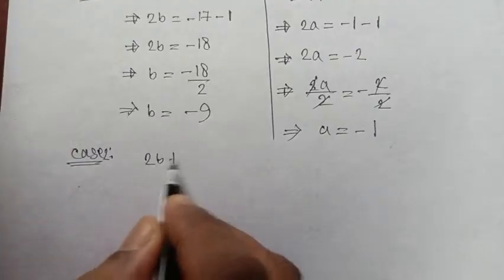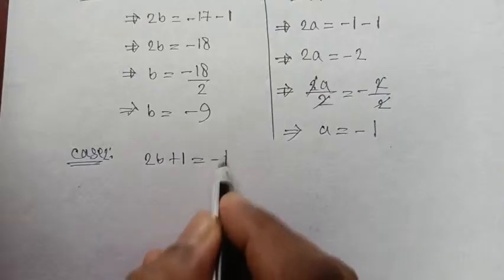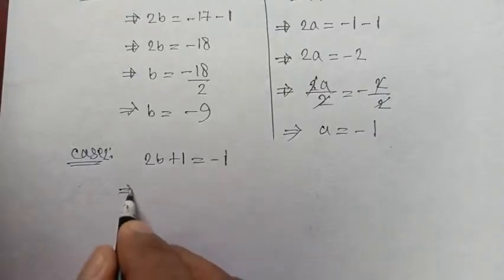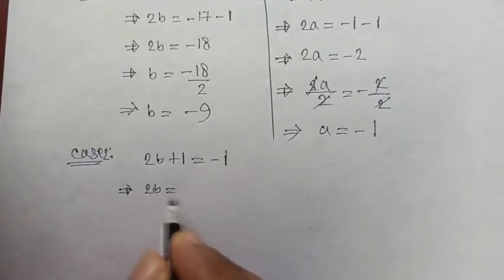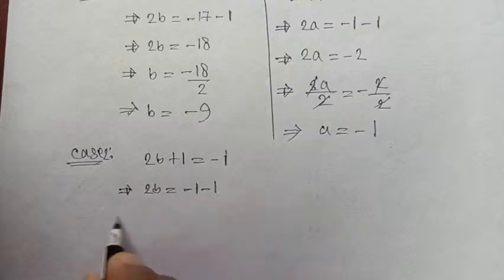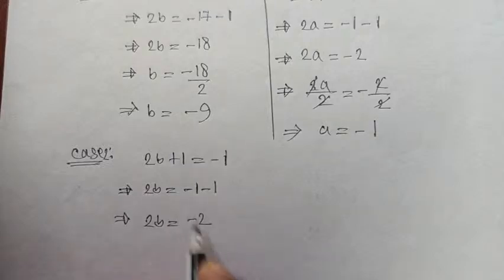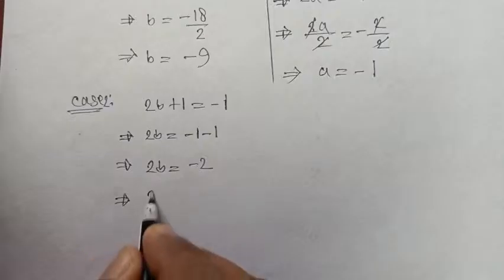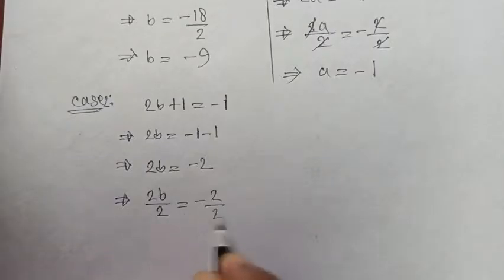Again for the second case, case 2, 2b plus 1 equals minus 1, then 2b equals minus 1 minus 1, then 2b equals minus 2. If we divide by 2 on both sides, the 2 cancels out, and we get the value of b equal to minus 1.